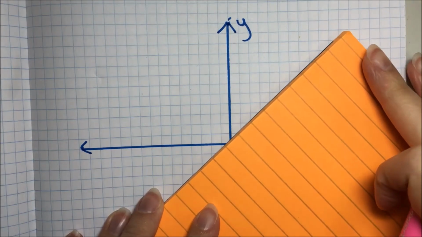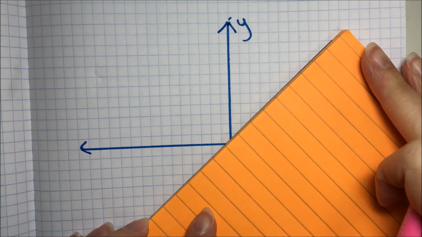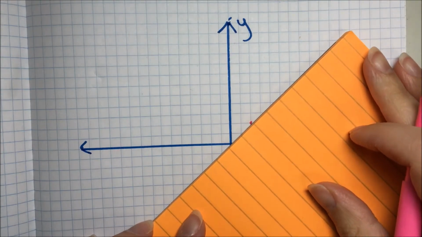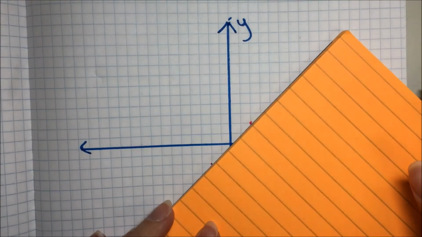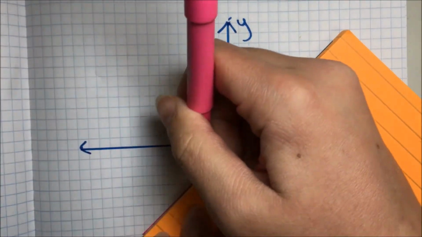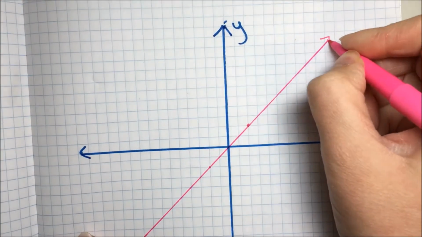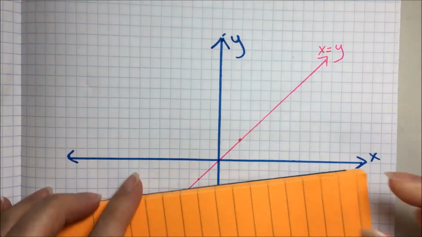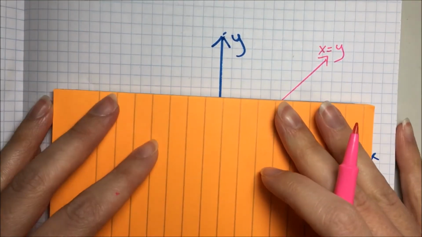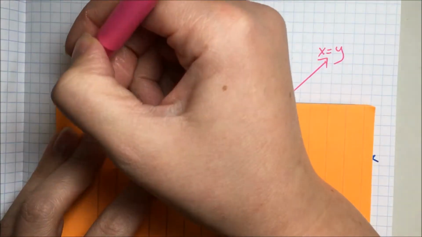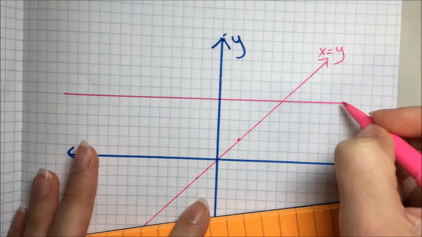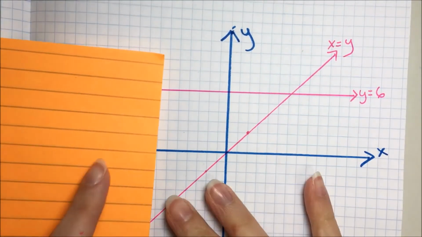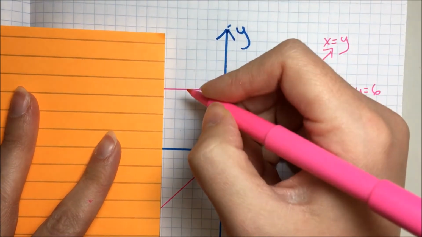I'm going to put two other lines on here. I'm going to put the line y equals 6, and I'm going to put the line x equals -5.